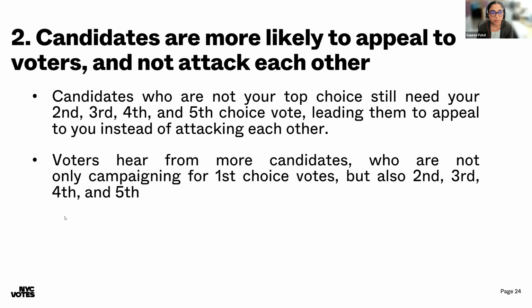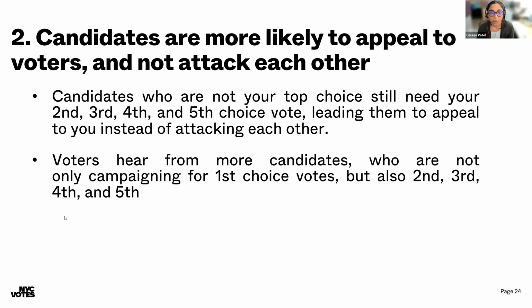Candidates are more likely to appeal to voters and not attack each other. You may notice campaigns working together. Maybe somebody running for office asks you to be their first choice, but if not, maybe they want to ask you to be their second choice instead. And so it's not all or nothing for candidates running for office.